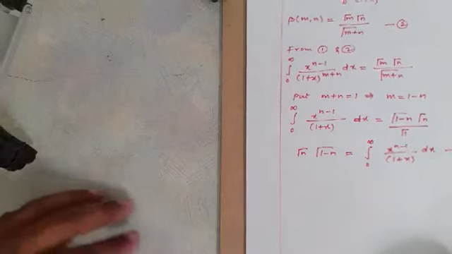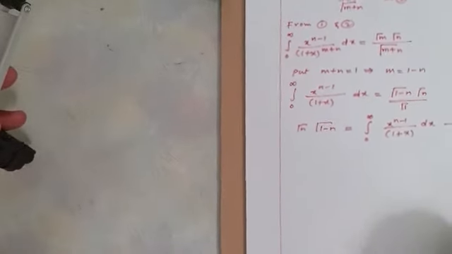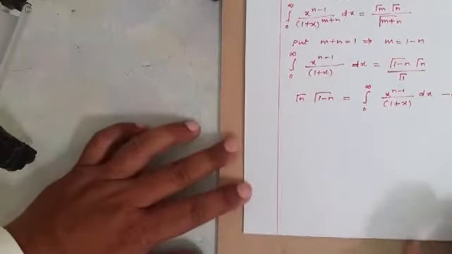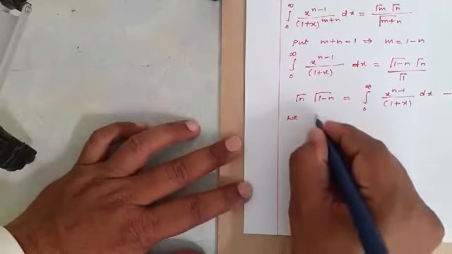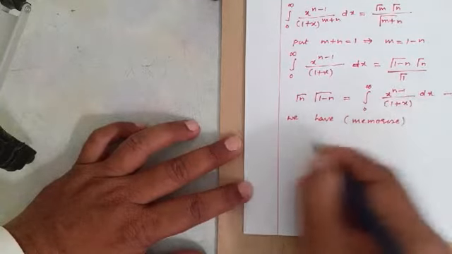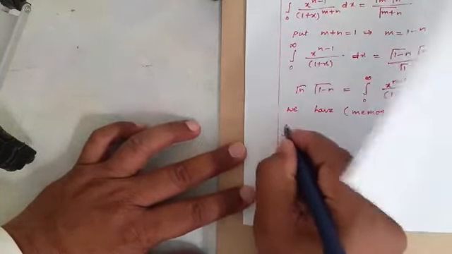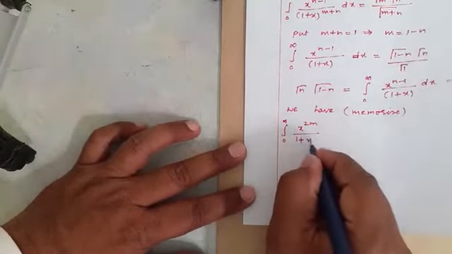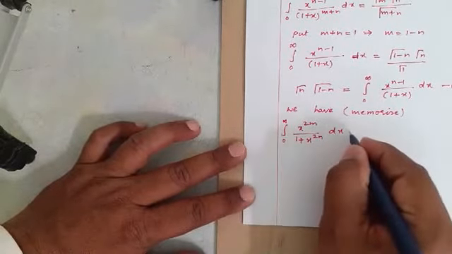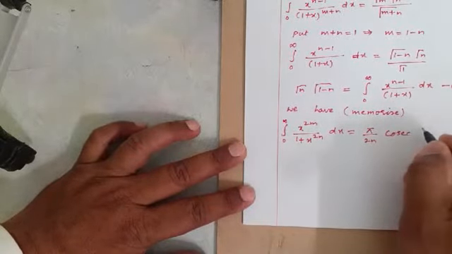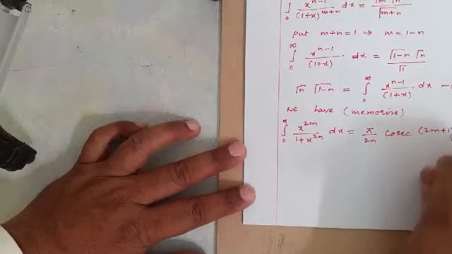So after taking this, we have to memorize what we are taking just now. Now you write in bracket memorize. We have to take integral 0 to infinity x power 2m upon 1 plus x power 2n dx is equal to pi upon 2n cosec of 2m plus 1 into pi upon 2n.